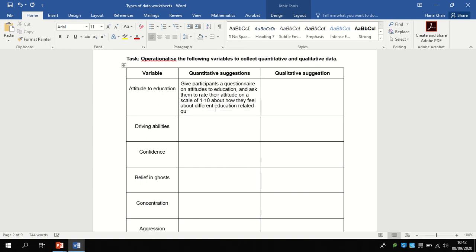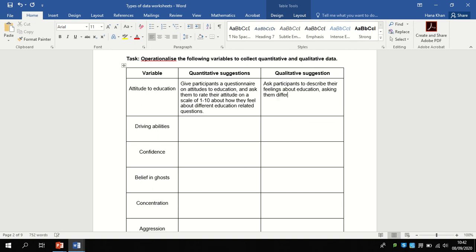Now that is definitely quantitative because they're giving a rating, so they're giving a number, so you have some sort of numerical statistic.